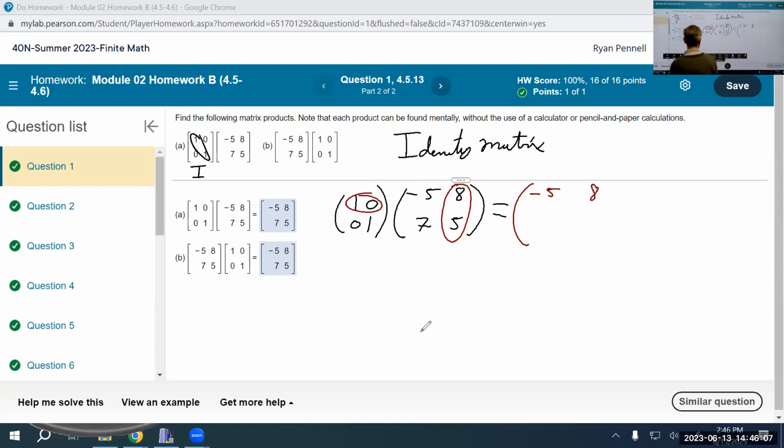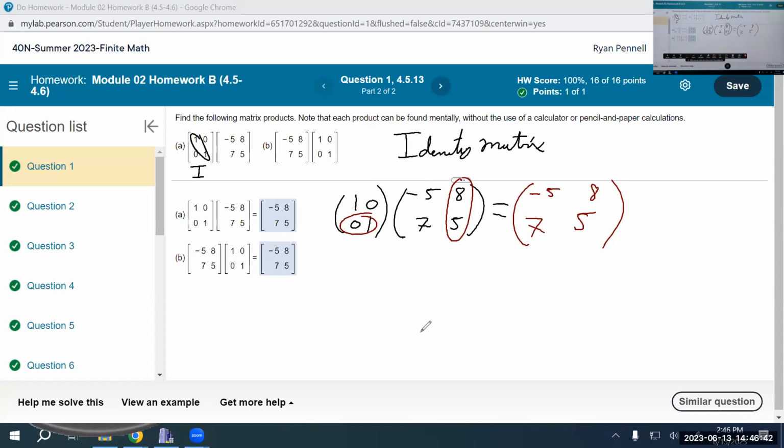So there you have it. Second row, first column, we get 0 plus 7. Second row, second column, we get 0 plus 5. We just get the same matrix back again, just like multiplying the number 1. This is how the identity matrix works, but you can see for your very self that that's how it works.